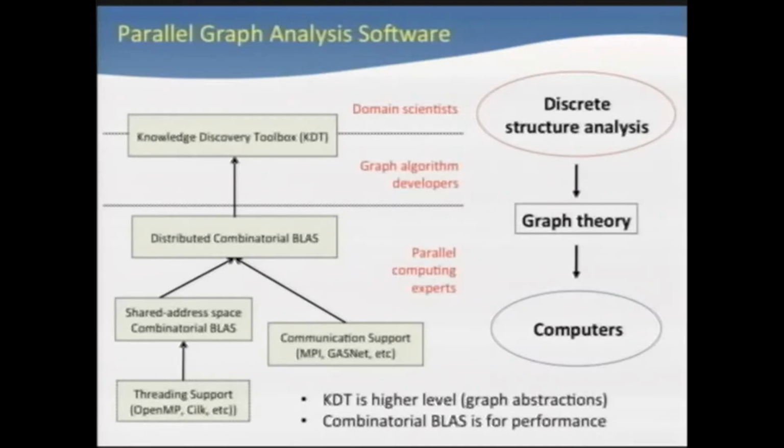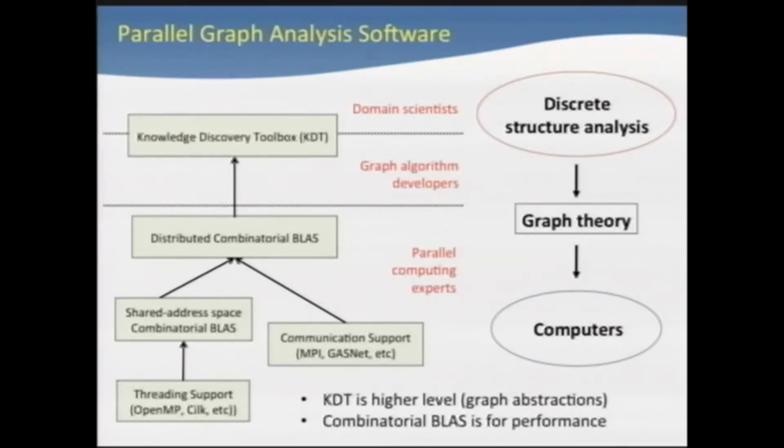He heard about a few things like traversing a graph, maybe. He knows about clustering in graphs, and so on. But he doesn't know parallel computing. The graph algorithm developers are the people who understand graphs, but they don't understand parallel computing. And lastly, the parallel computing experts actually are the ones that match your given computation efficiently on a parallel computer.